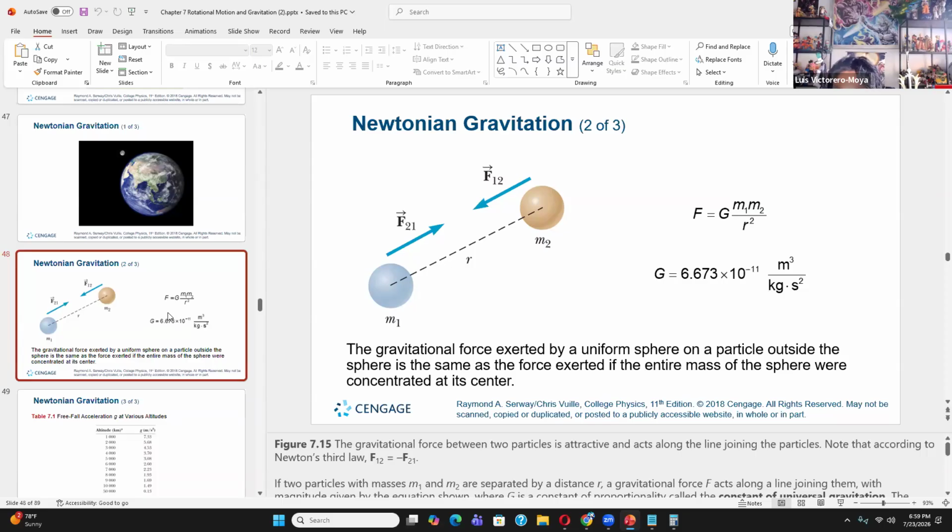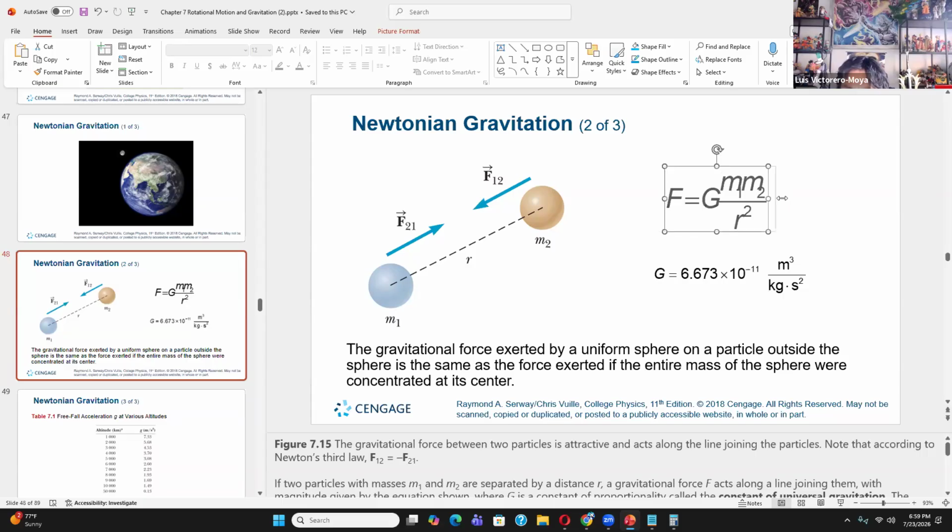And keep in mind that now, and this is good because in chapter 8 we're going to be talking about this, we are actually considering these objects as spheres. So they have mass and radius, they have a volume, they have dimensions. So they are rigid bodies. And you know what happens when we're talking about rigid bodies, right? So this is the universal law of gravity.